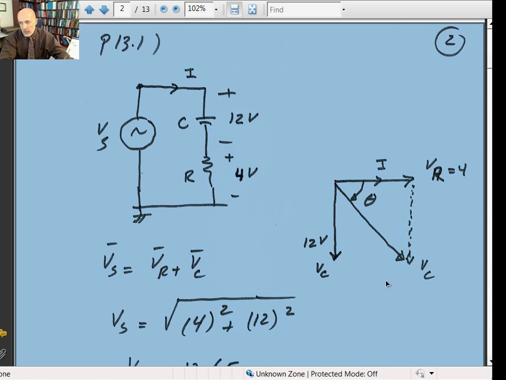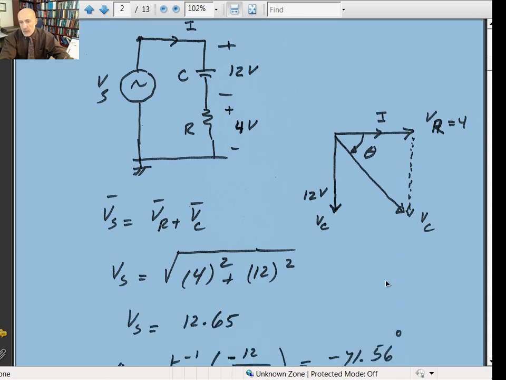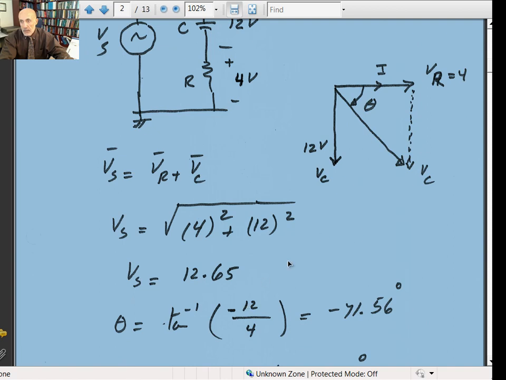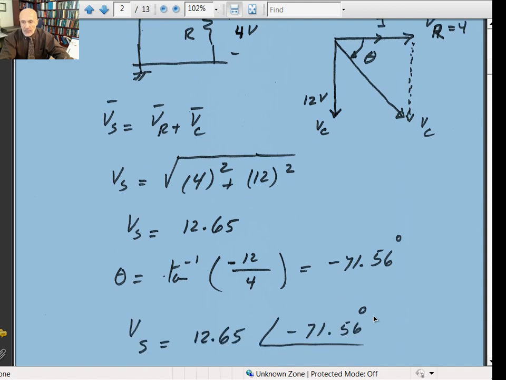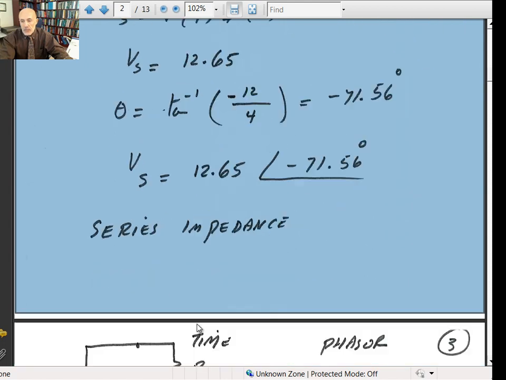So that will give you the square root of 4 squared plus 12 squared, which is 12.6, and this angle would be negative. It's the tangent inverse of minus 12 divided by 4, which is minus 71.56 degrees. Or you could just say the voltage V of S is equal to 4 plus minus j 12. The only difference from the inductance is that instead of plus j, it is minus j times 12.